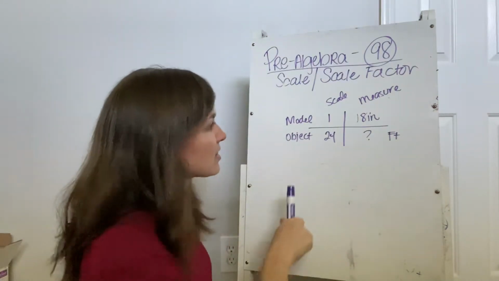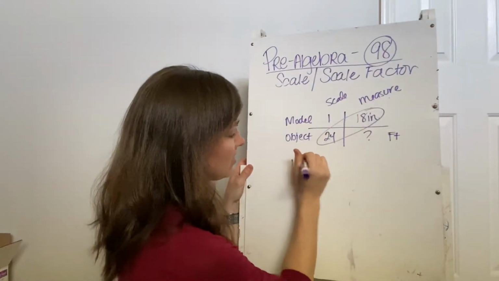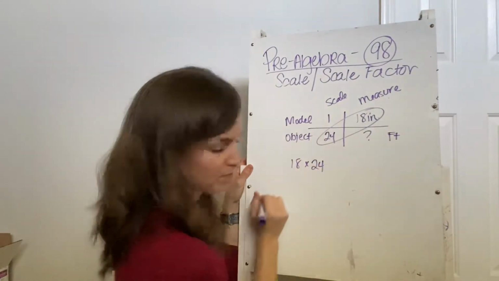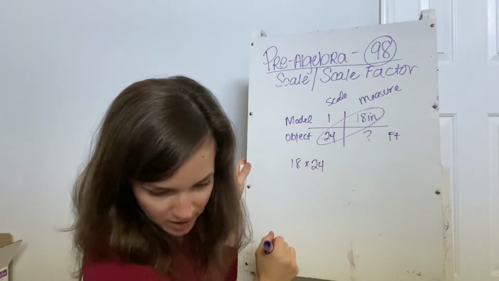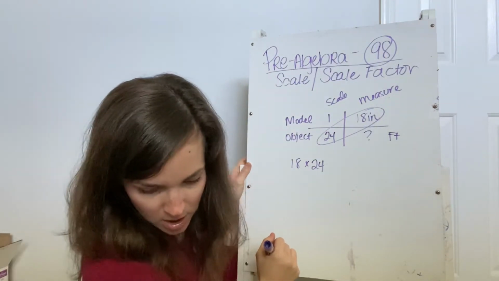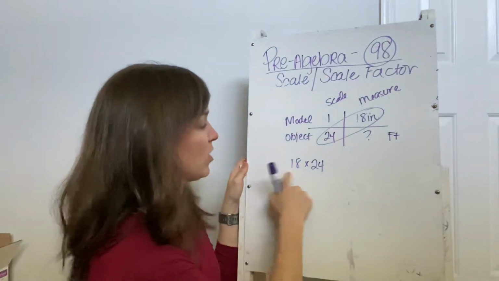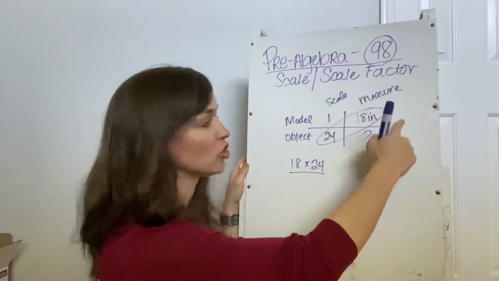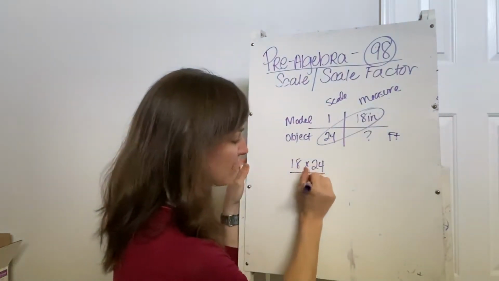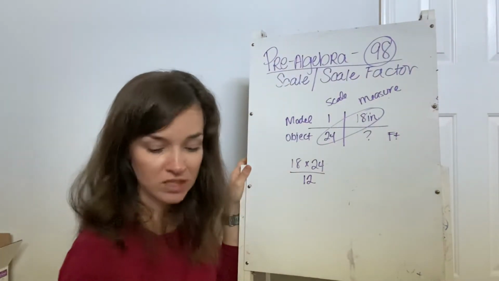Okay, so let's look at this. We want to cross multiply. So I'm going to multiply 18 times 24, which would give us, did they actually multiply it? I don't think they actually multiplied it, because they said that once they multiply that, they're still going to have to turn it into feet. So to turn inches into feet, we always divide by 12. Oh, they did actually multiply it there.